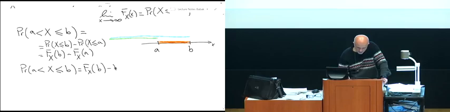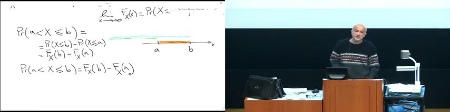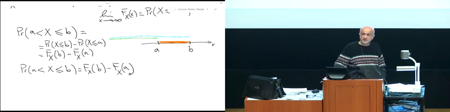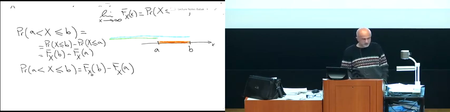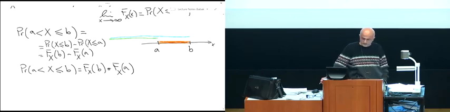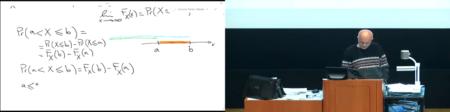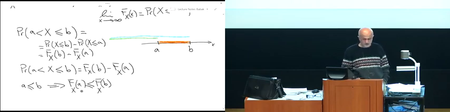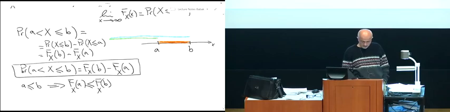What does that say about the way this CDF behaves as you increase its argument? If a is less than b, what can you tell me about the relative sizes of F_X(a) and F_X(b)? If a is less than or equal to b, which one's less than which one? F of b is greater than or equal to F_X of a. I know that because when I look at this equation, the left-hand side is a probability, correct?